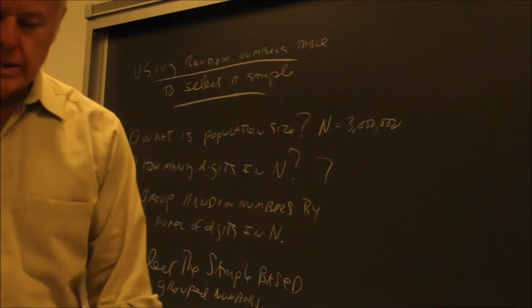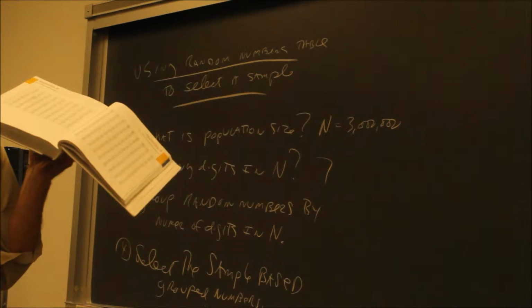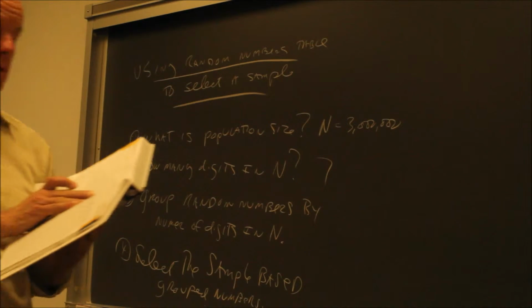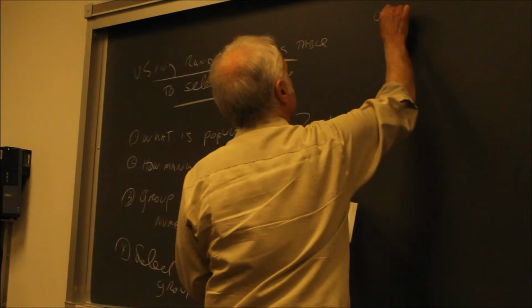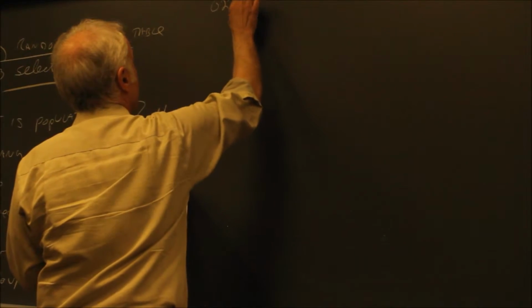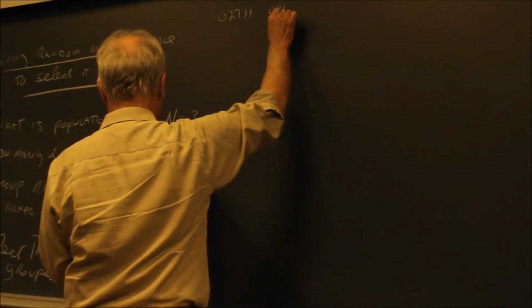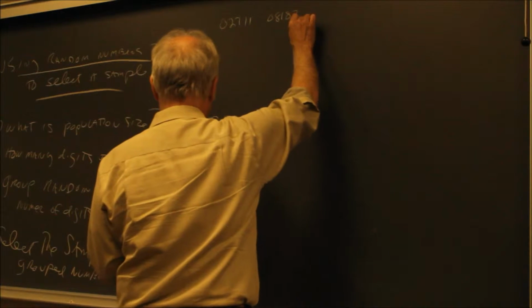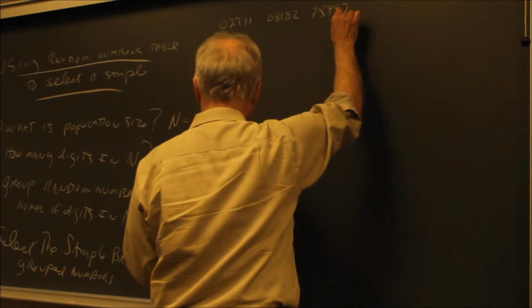And so what I'm going to do is I'm going to take, starting at the upper left, and I'm just going to go across and put the numbers up on the board, and I'll show you how to group them, etc. So it says 02711, and then it says 08182, and then it's 75997.